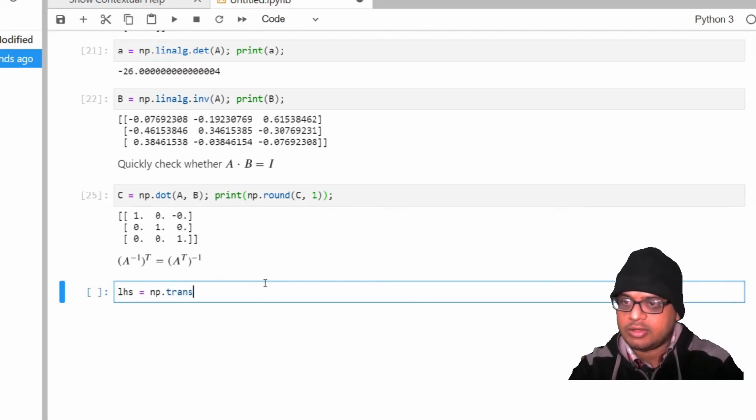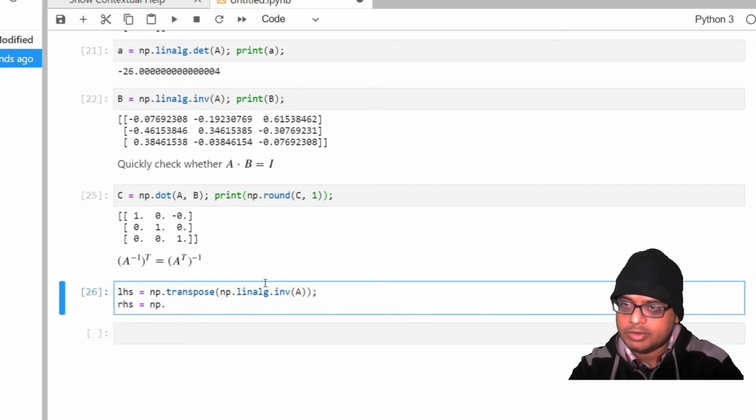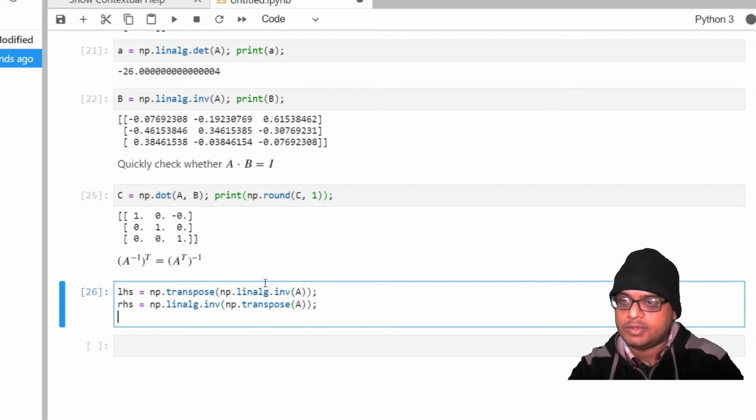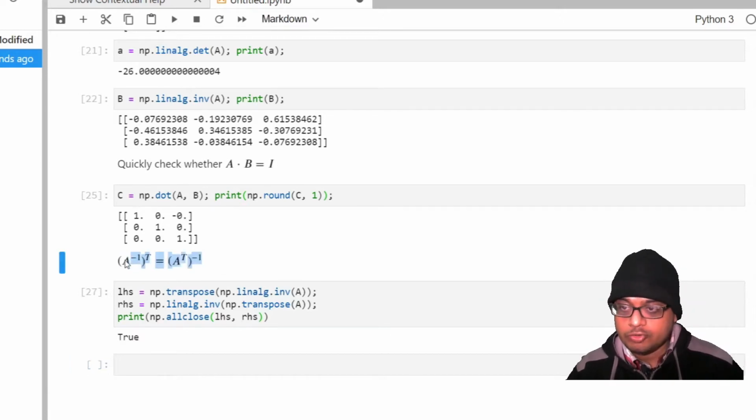So np dot transpose of np dot lin alg dot inv of A. So this is LHS, and RHS is equal to np dot lin alg dot inverse of np dot transpose of A. Then let us print whether LHS and RHS are equal. So here we will write np dot allclose LHS comma RHS. It says true, meaning whatever we have claimed to be true is in fact true.